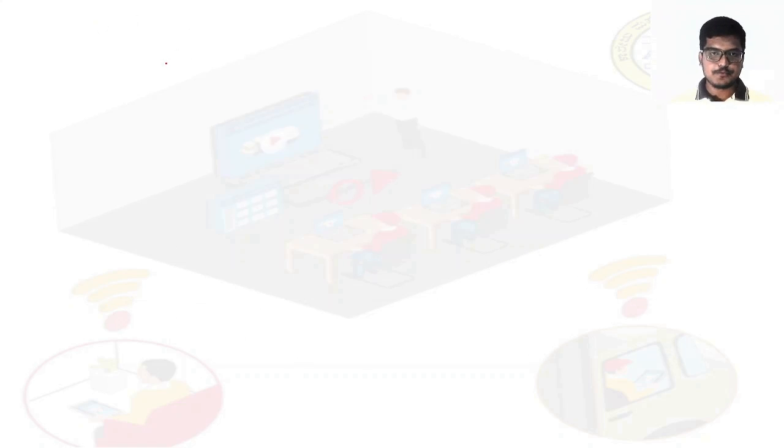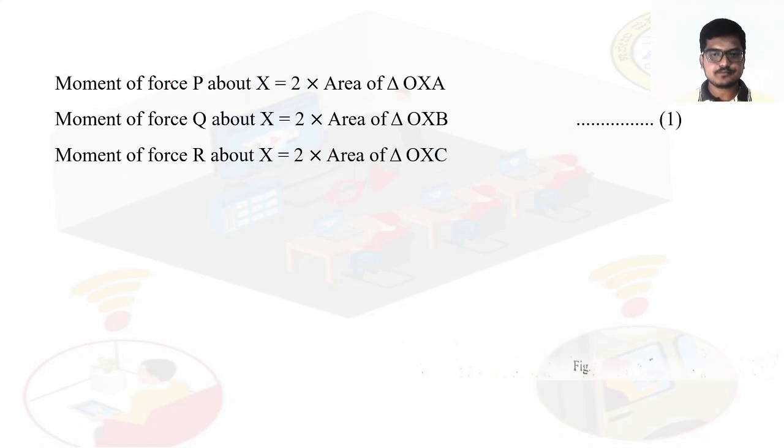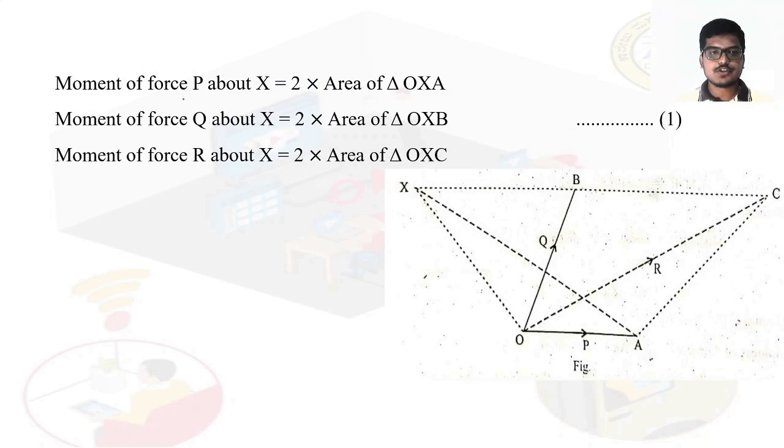Now we will prove. See, the moment of force P about X. Remember the geometric representation of the moment. The moment would be P into the perpendicular distance, but we don't have the perpendicular distance. But we have a triangle formed whenever we extend this line.